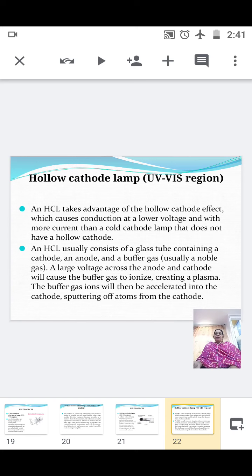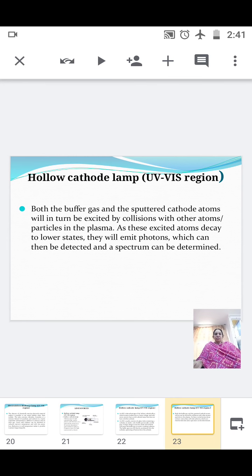A large voltage across the anode and cathode will cause the buffer gas to ionize, creating a plasma. The buffer gas ions will then be accelerated into the cathode, causing sputtering of the atoms from the cathode.